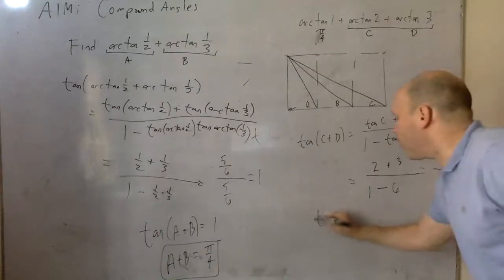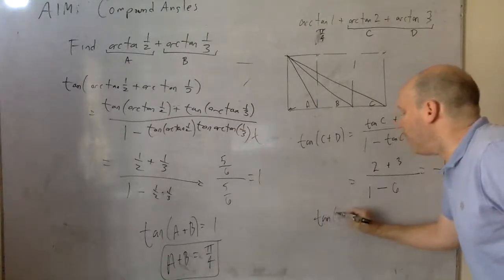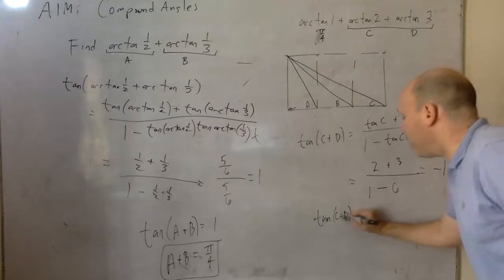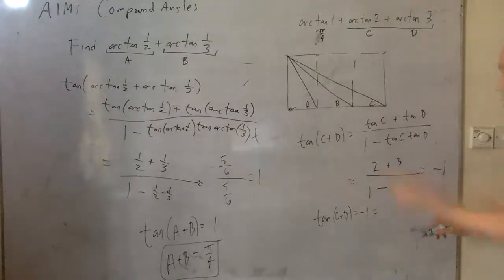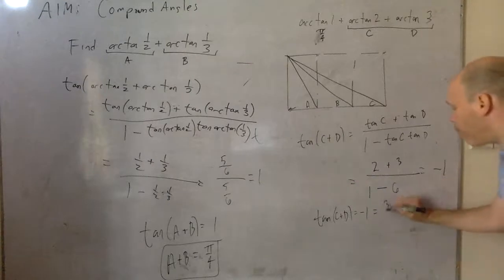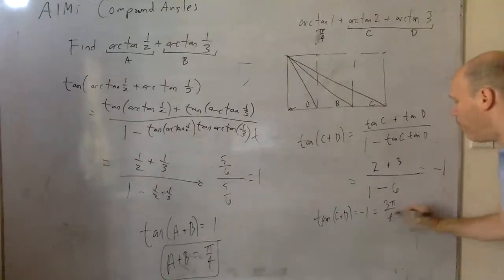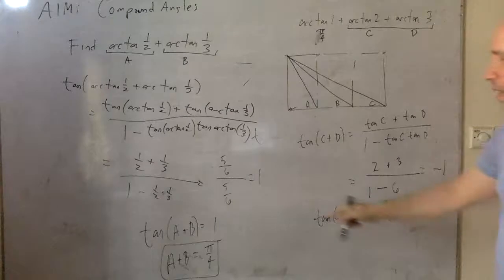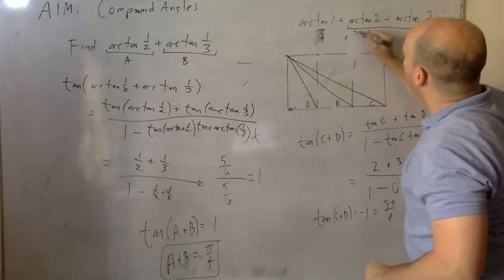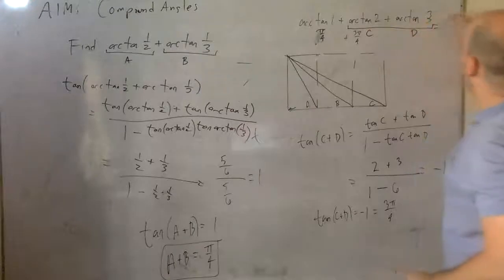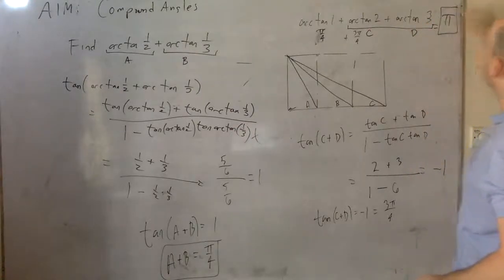So the tangent of C plus D is equal to -1. Therefore, it's not 45, it's 135, or 3 pi over 4. Therefore, pi over 4 plus 3 pi over 4 is equal to pi.